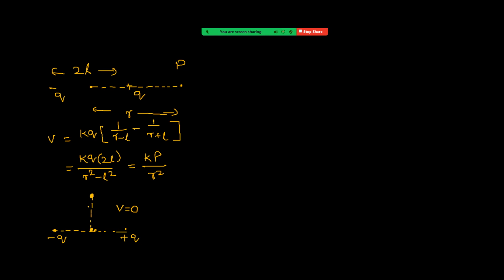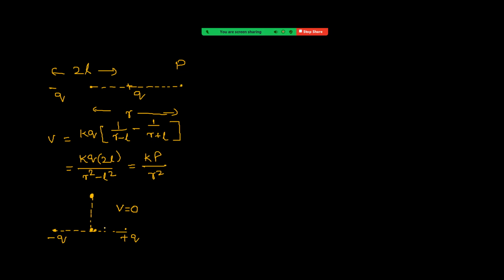Or same thing, we can extend that if you imagine a plane passing through this bisecting point, then at any point in that bisecting plane, potential will be zero. So that means that surface becomes an equipotential surface.